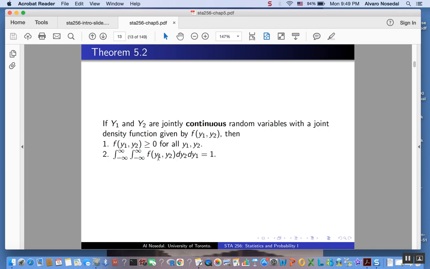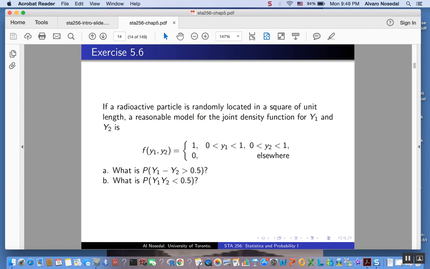Okay, so let's talk about an example that is going to help us have a more concrete idea of joint density functions and how we can use them to find probabilities. In this case, we have the following joint density function.